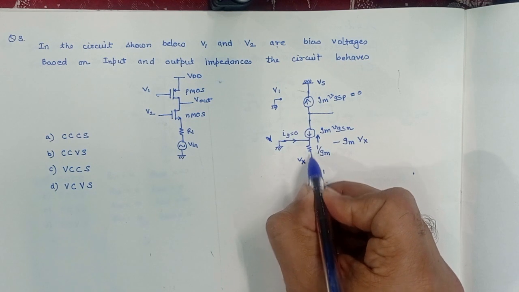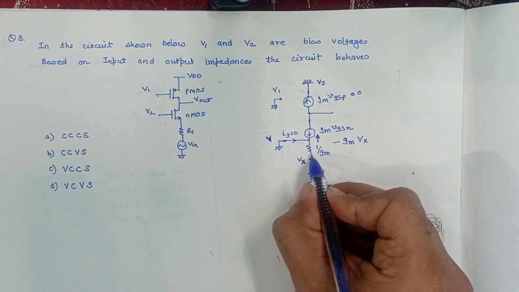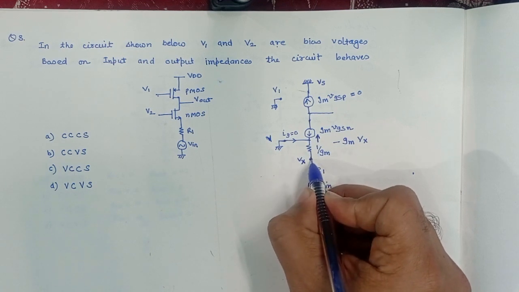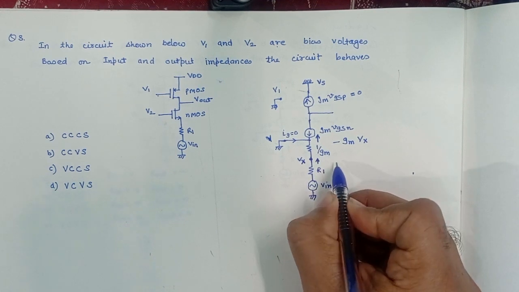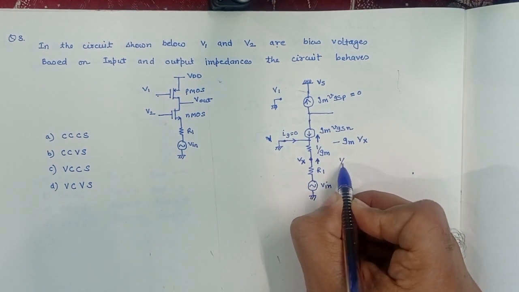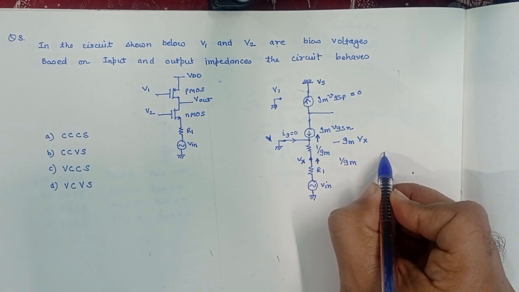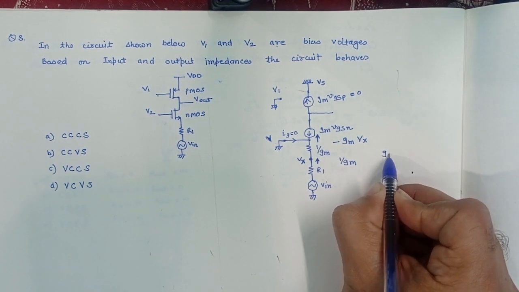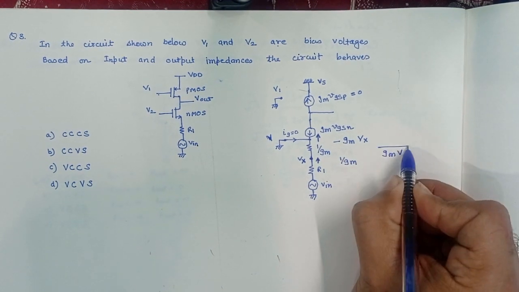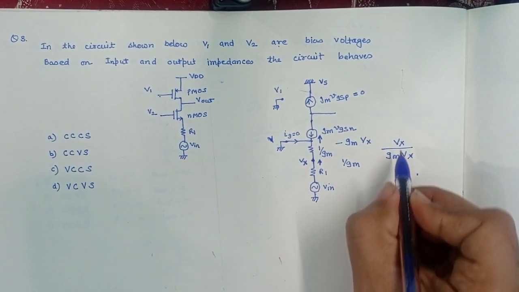So the current flowing in this branch is equal to GM Vx and the voltage across this branch is Vx, so the impedance seen from this direction will be equal to 1 by GM, because the current is GM Vx and the voltage across this branch is equal to Vx.